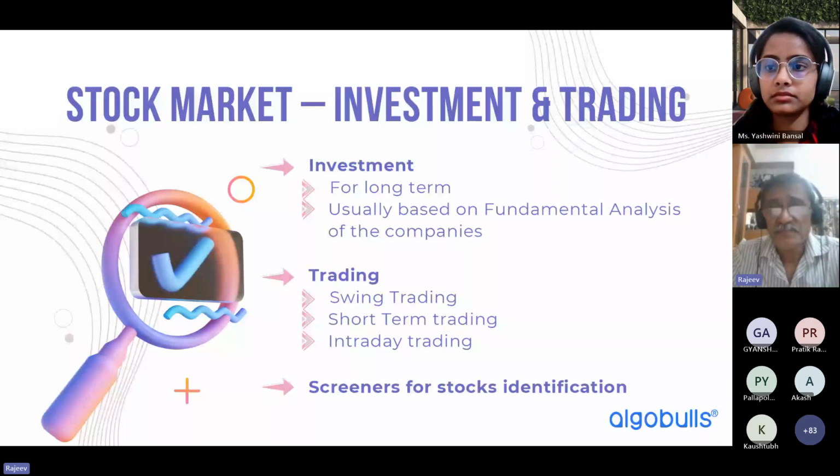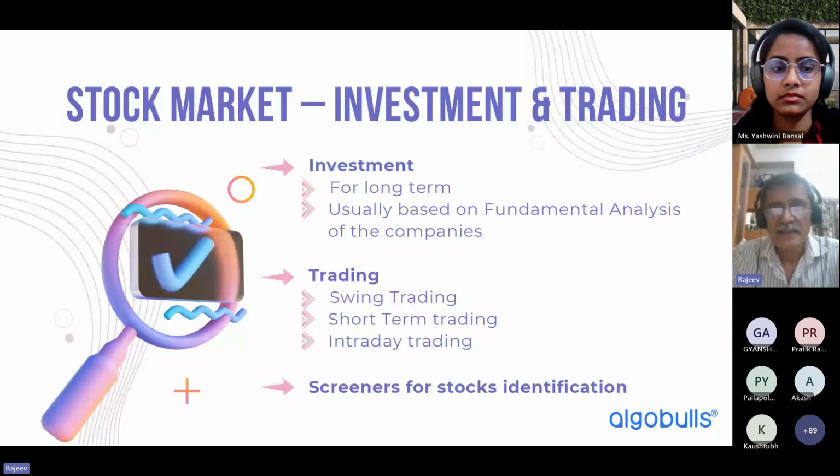Now, each of these types of investment, whether it is investment or trading, requires a facility for the investors to screen the stocks. Which are the stocks where we need to invest or which we need to get into trading of those stocks. And those screeners is where the technical people get involved, based upon the logic that is given to them.